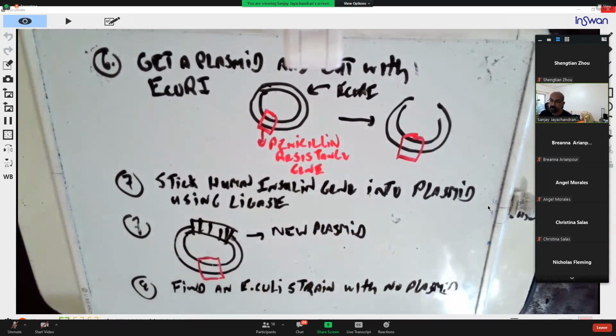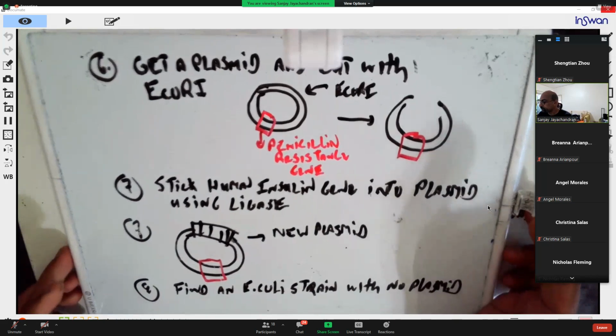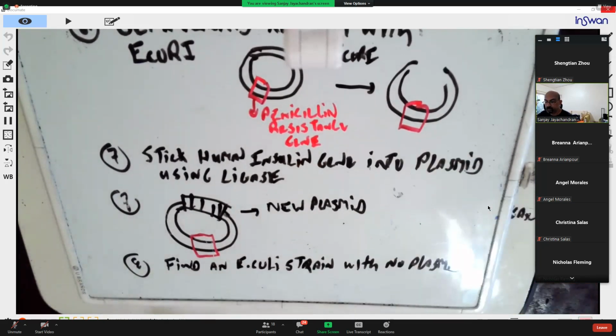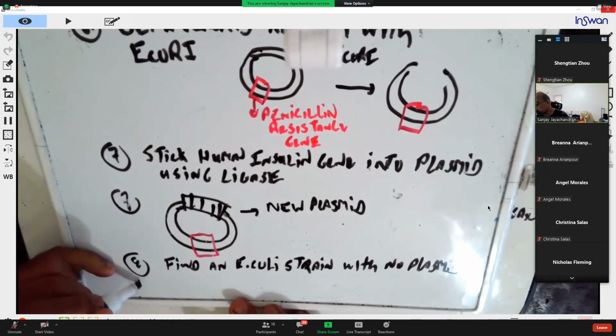So essentially, I'm going to find me a naked bacterial strain that doesn't have any protection against antibiotics. It's got no plasmid in it. Okay? So here's my new strain of bacteria with no plasmid.